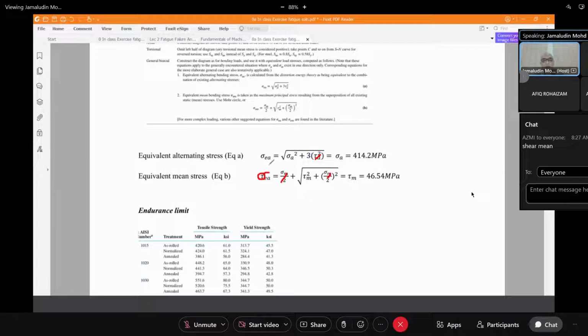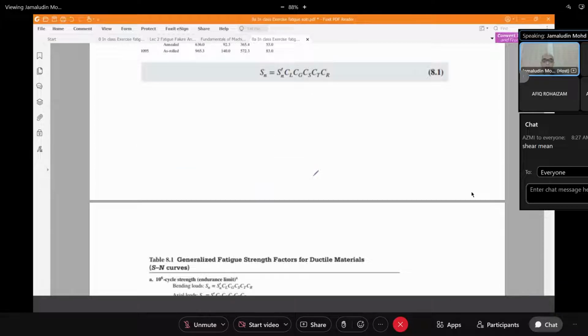We will get, that means the equivalent alternating will equal our alternating that we calculated because there's no shear alternating. The sigma equivalent mean equals the shear mean as well, that means 46.54, because there's no sigma mean. Okay, that we get that value.